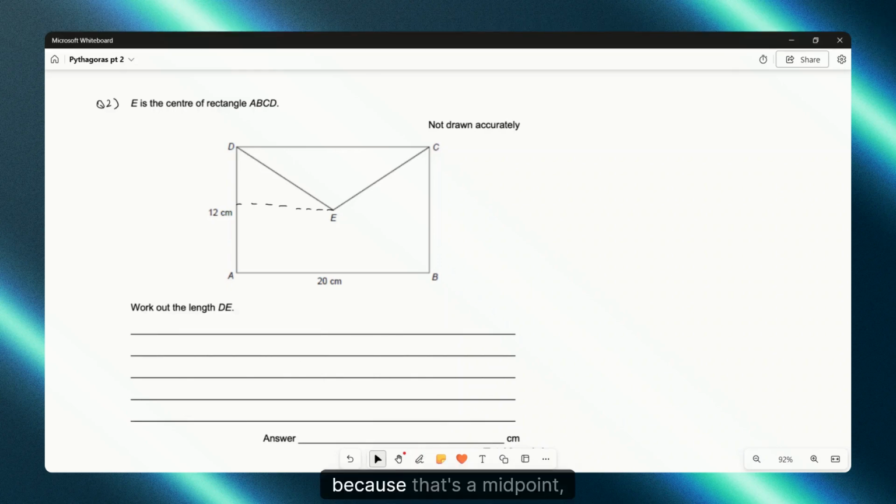Right. And because that's a midpoint, we're going to call this point X first off. And because that's a midpoint, we can say that the length DX is half of 12, which is 6. And we can see that point E is the midpoint of line AB.